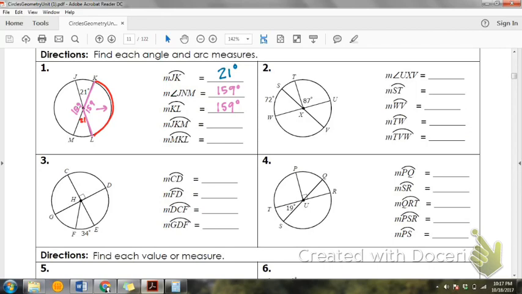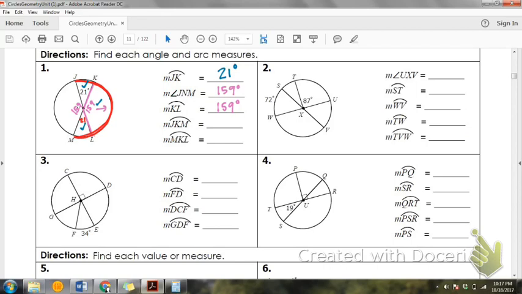They want me to find arc JKM. So when they give you some loaded ones, I would just take my pencil and follow the directions. So I'm going from J to K all the way around to M. So look at what that's covering. That's covering this 21 degree angle, this 159 degree angle, and this other 21 degrees.